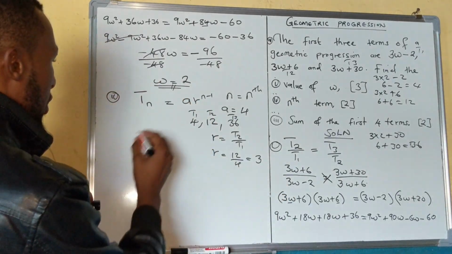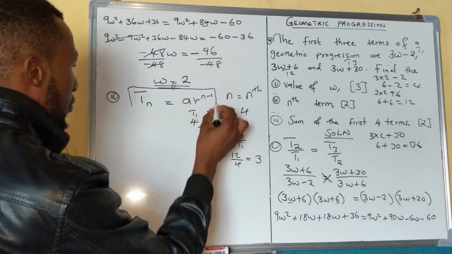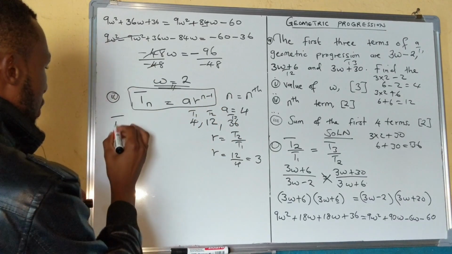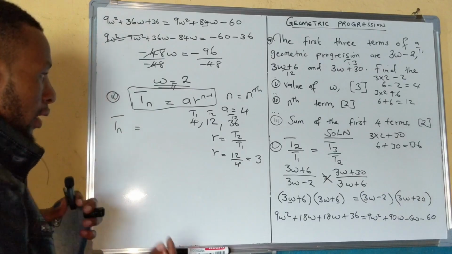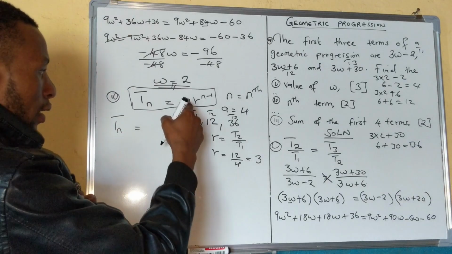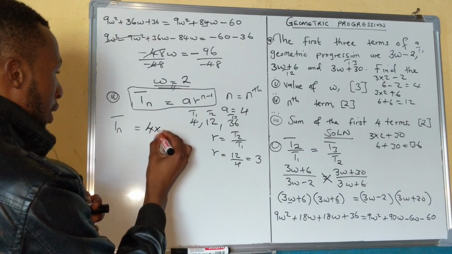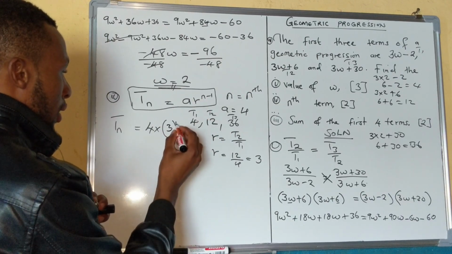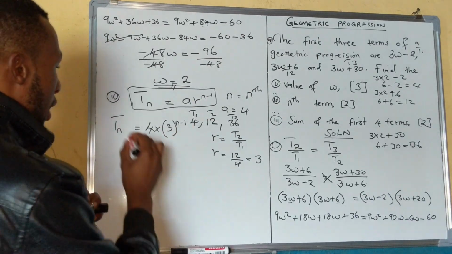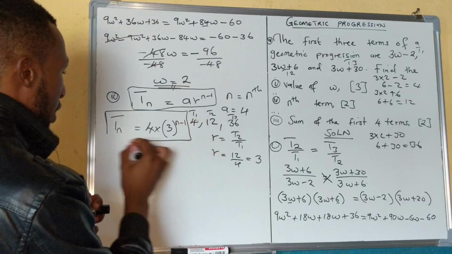Now we can substitute in this formula here. So Tn, because the n we are not given, it's just an expression we are finding, by the way. The a is 4, times open bracket, our r is 3, close bracket, to the power n minus 1. This becomes your final answer right here.